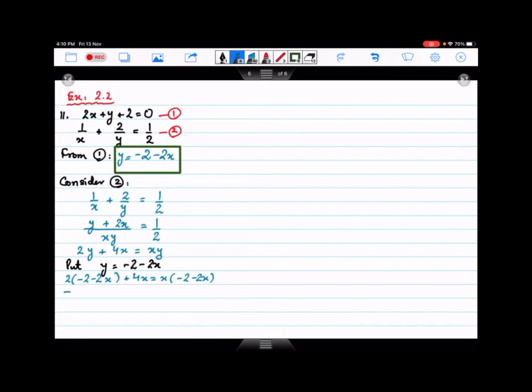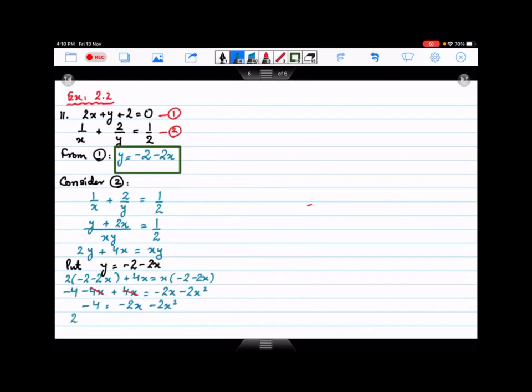Now it becomes minus 4, minus 4x, 4x, minus 2x, and minus 2x squared. So now we can clearly see that 4x will be cancelled with 4x, it should become minus 4 is equals to minus 2x minus 2x squared.